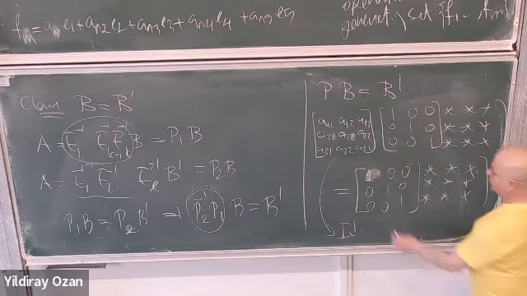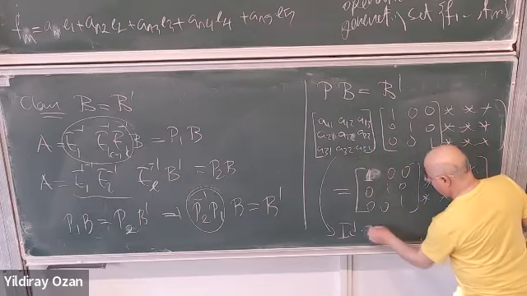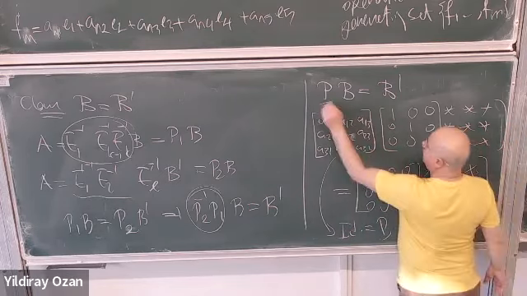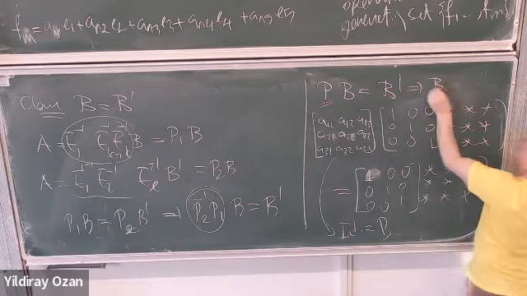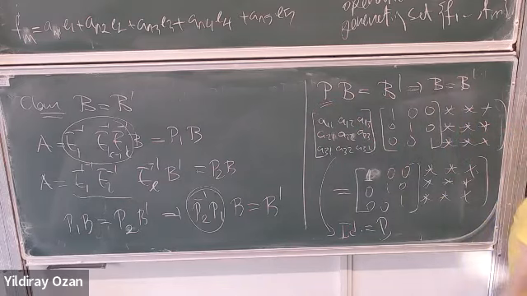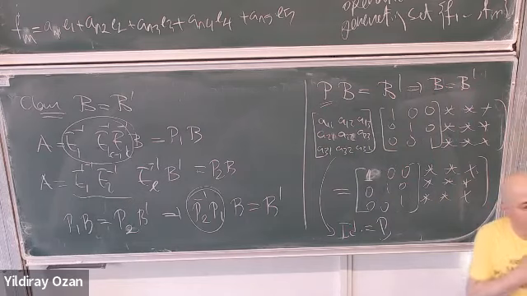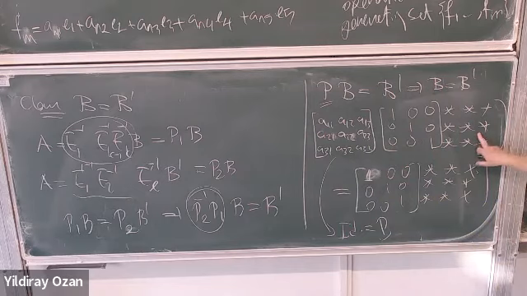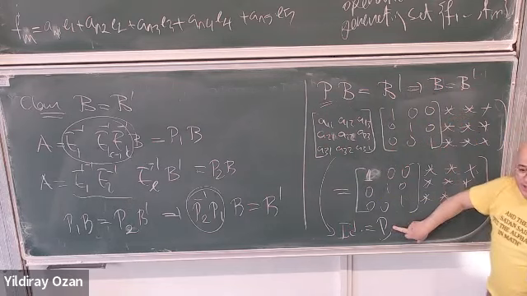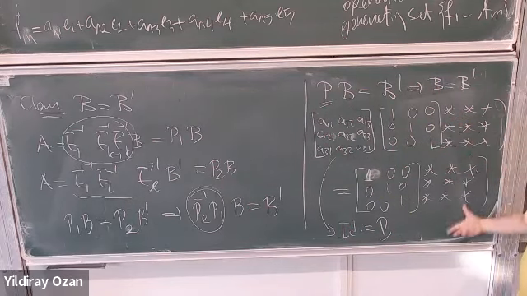So this P is just identity, therefore B and B prime are the same. Why? Because since P is identity, these stars are also identity.